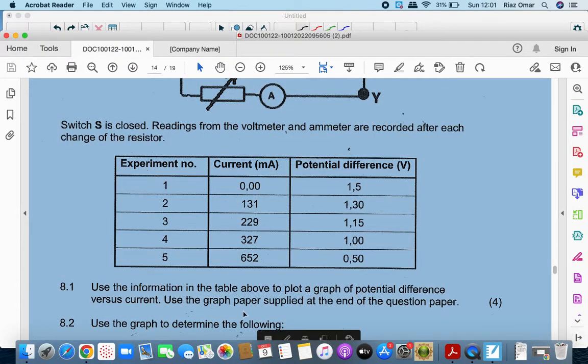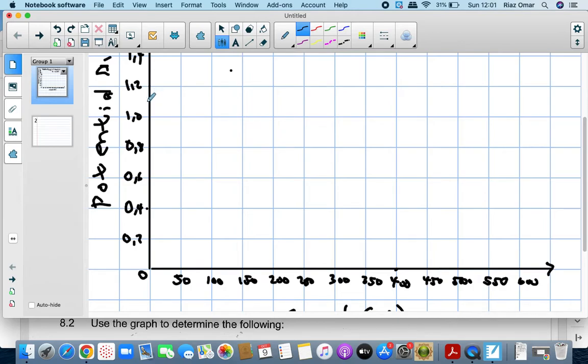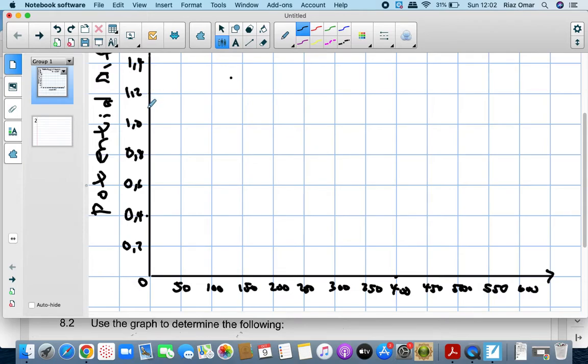131. Let's just double check it. 131, 1,3, 1,15 and 2,29. 1,15, 1.2. So 1,15 will be around there before 1,2.